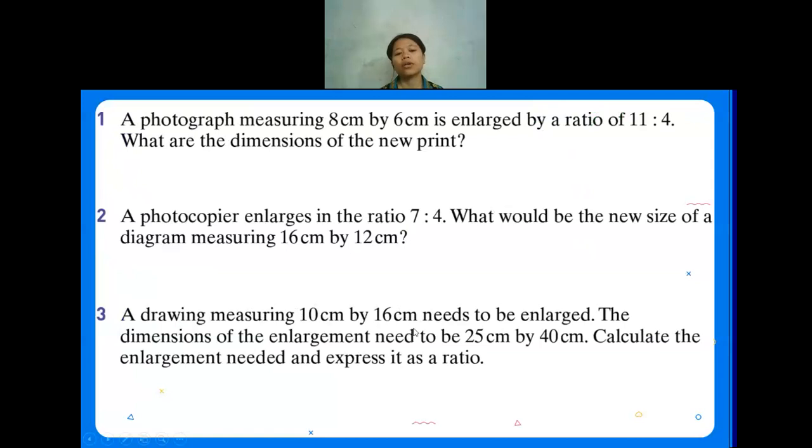A photograph measuring 8 centimeter by 6 centimeter is enlarged by a ratio of 11 to 4. What is the new dimension for the length and also the width?